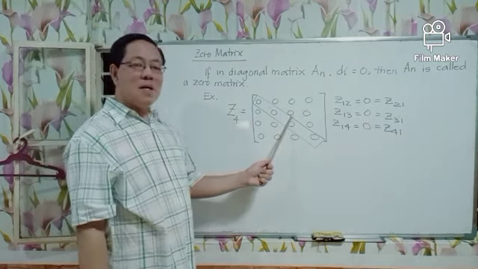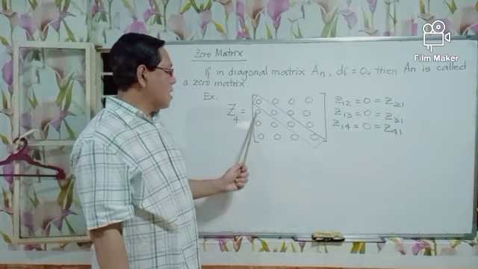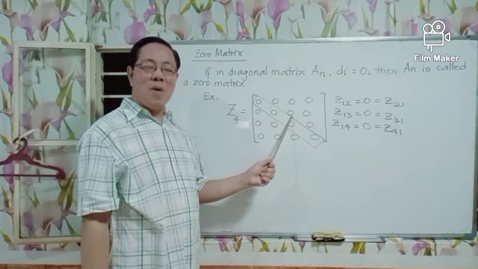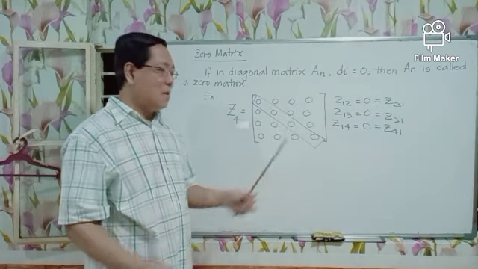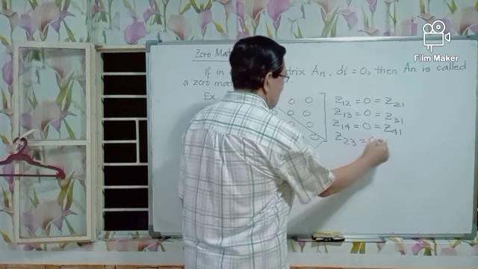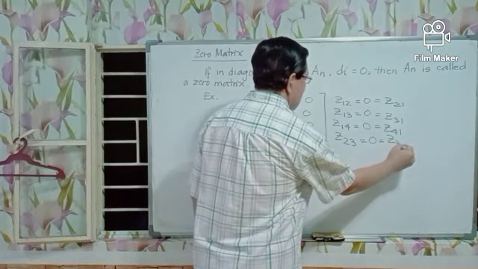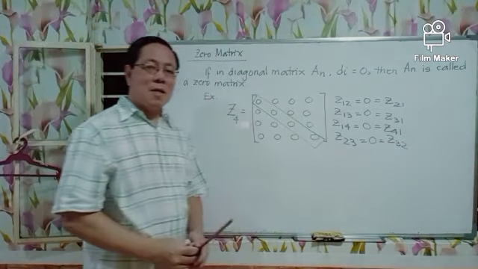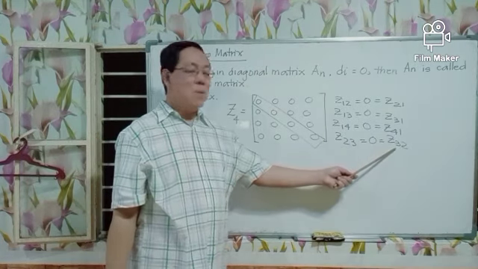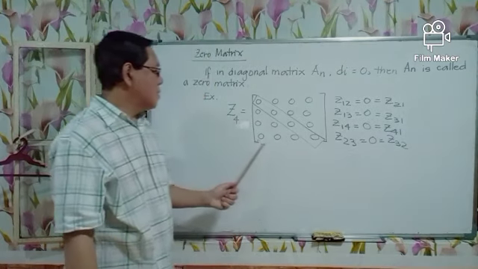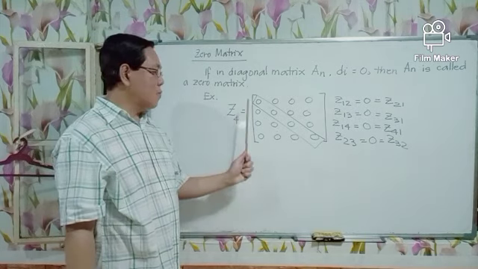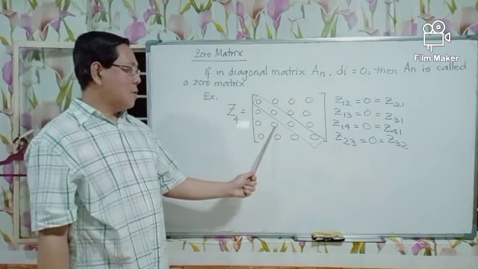This entry 0 is denoted by Z sub 2,3, the entry in the second row and third column. And that entry is the same as the entry in the third row and second column, 0.